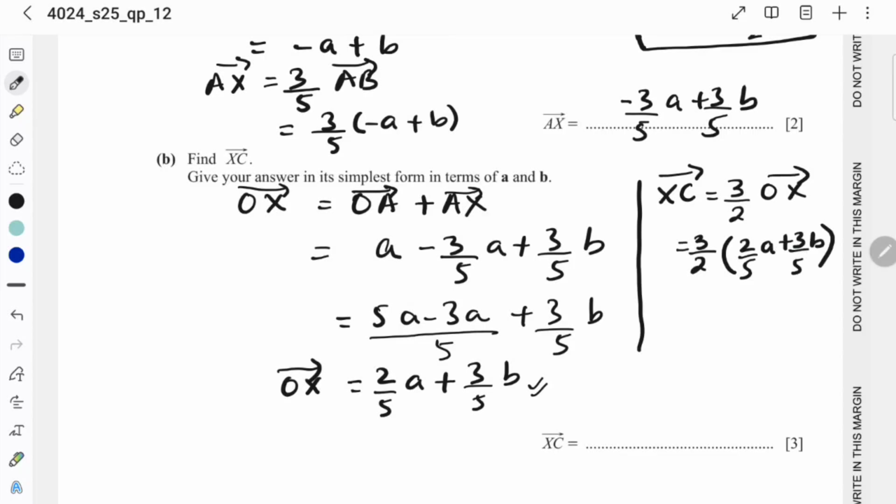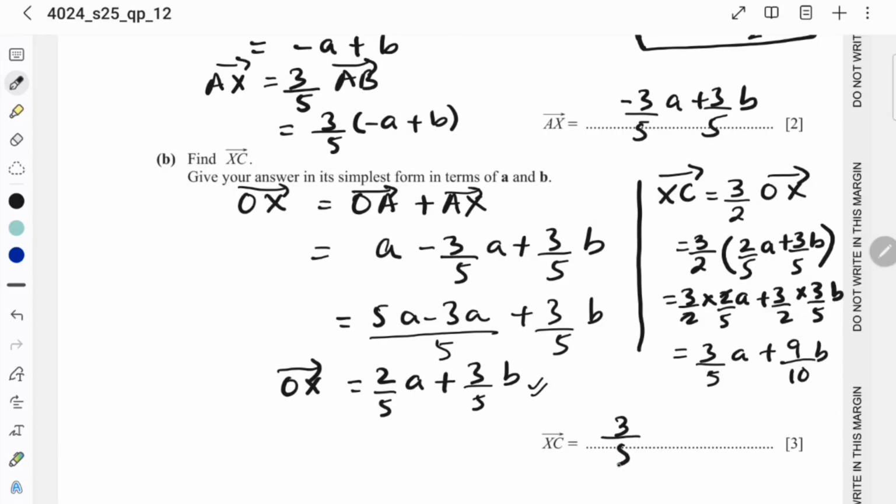Separate it and find your answer. 3 upon 2 of 2 upon 5A and 3 upon 2 of 3 upon 5B. Here I can cancel 2, so that is equal to 3 upon 5A, but here I cannot cancel, that's 9 upon 10B. So that is 3 upon 5A plus 9 upon 10B.